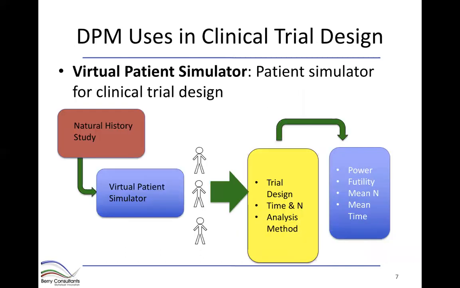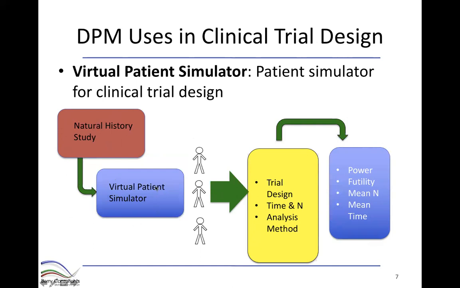As I alluded to earlier, there are two main uses of disease progression models that I want to talk about today, and I want to differentiate between the two. The first, and the more commonly used way, is through a virtual patient simulator. We take our natural history data, we create some sort of disease progression model to summarize it, and then we use that model itself to simulate patient-level data.